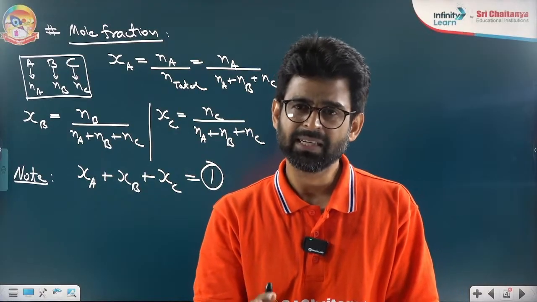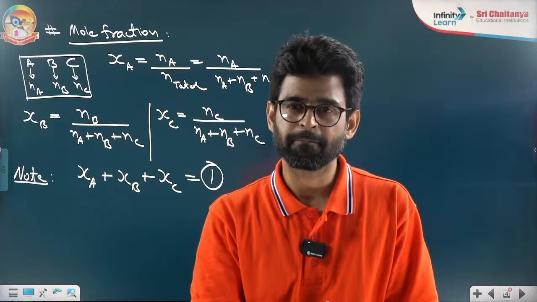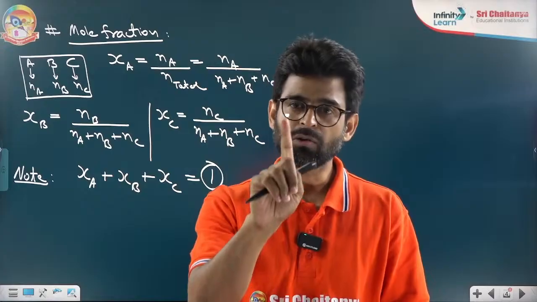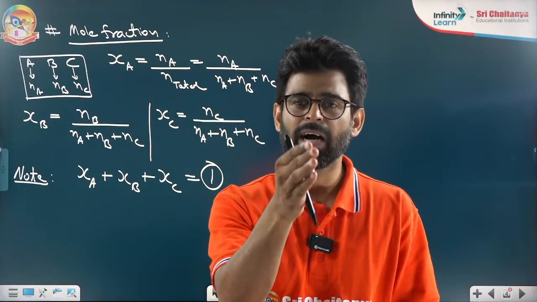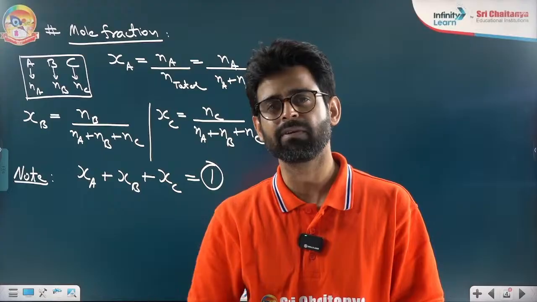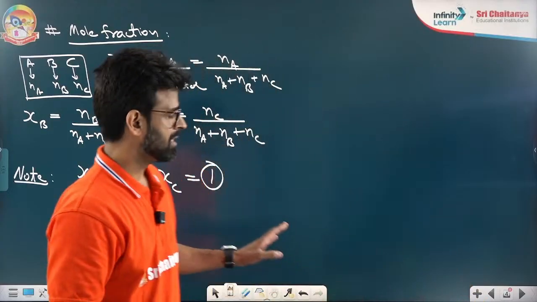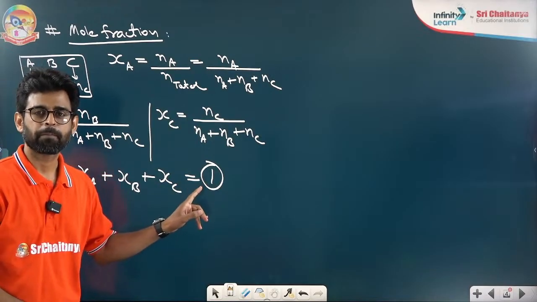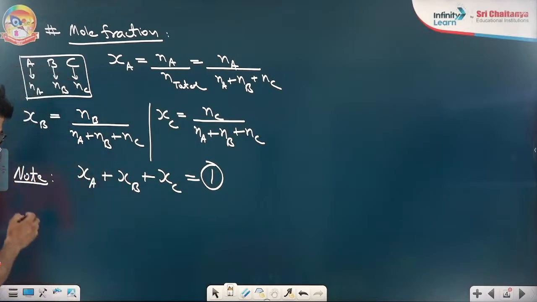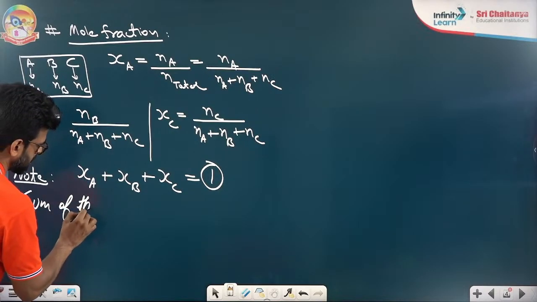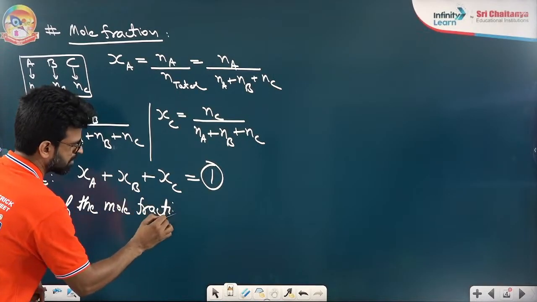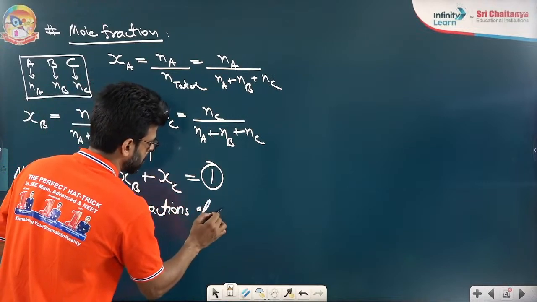So I am saying once again, whenever I am discussing the fraction, the total thing is considered as what? 1. So out of 1, how much part A will have, how much part B will have, how much part C will have, right? That's why the mole fraction of all the components will be equal to 1. I'm writing here: the sum of the mole fractions of all the components.